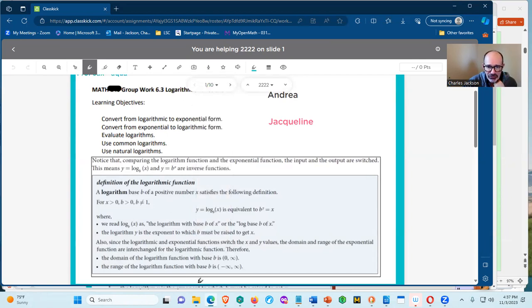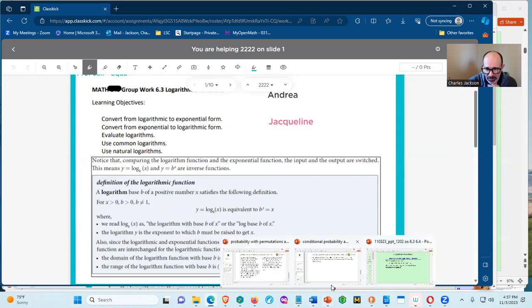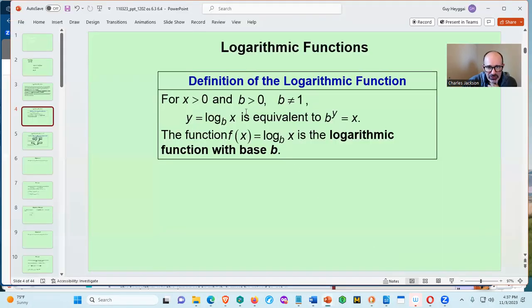We didn't talk about the fine print for the definition of the logarithm, but b, the base, is positive. The argument is also positive. The base is not equal to 1 for the same reason that we don't want the base of an exponential equation or an exponential function to be 1.